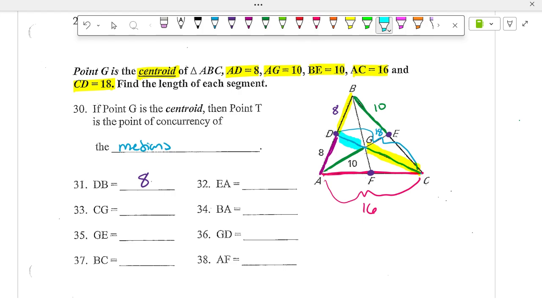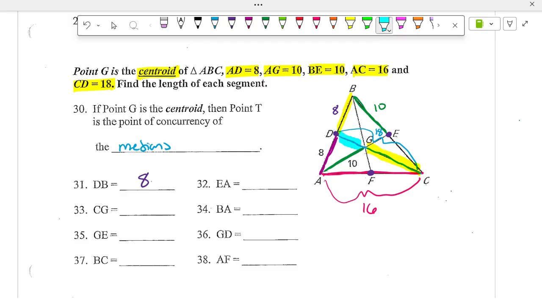A lot of times it's easier to find the small first before you find the large. Because what's true about the small? It's what to the whole? In terms of length, 1/3. It's 1/3 of the whole, which means, how would you find it?